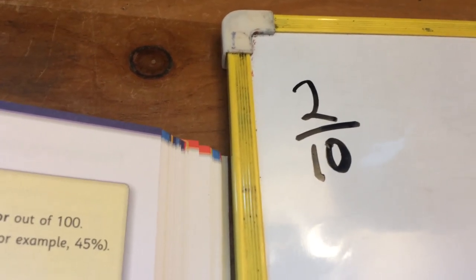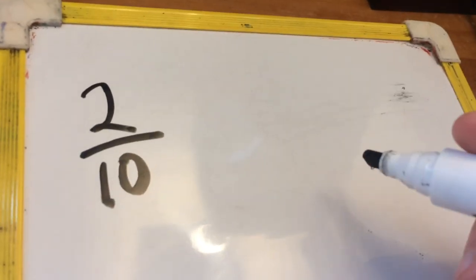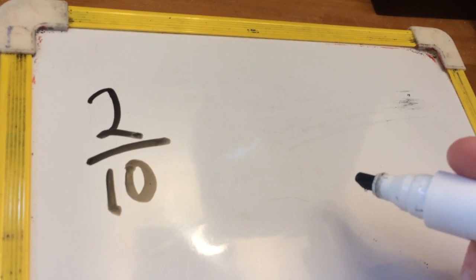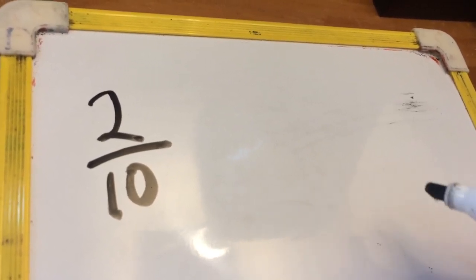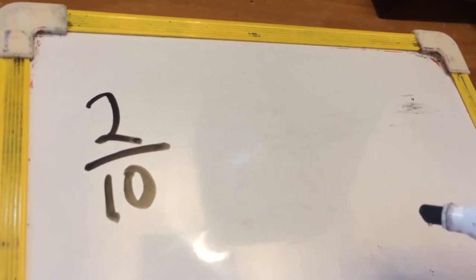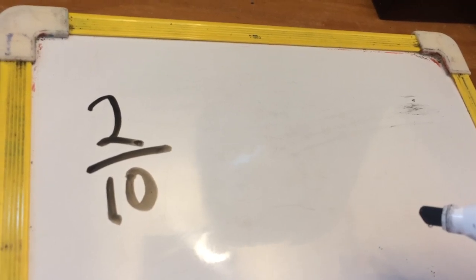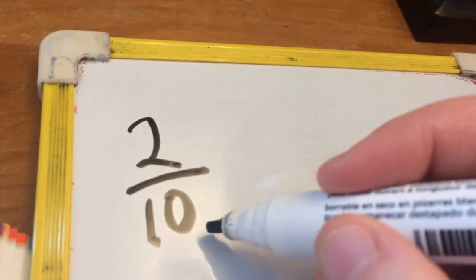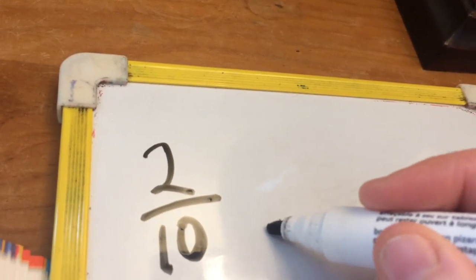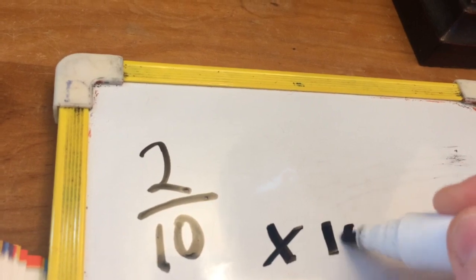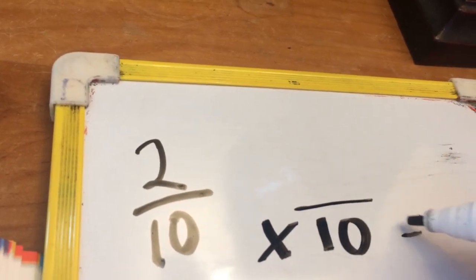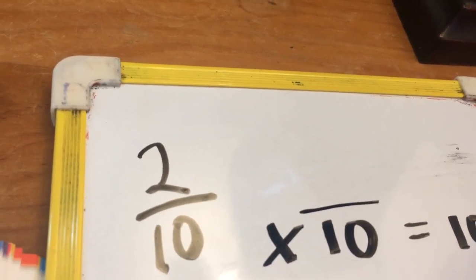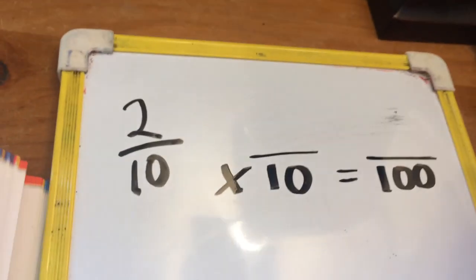Now we need to change that fraction into hundredths. So we're looking at the one for green. We have to change tenths into hundredths. We know from doing our fractions before that whatever we do to the bottom of the fraction, we must do to the top. So what would I multiply this number by to get from 10 to 100? Multiply by 10. 10 multiplied by 10 equals 100. So that's the first part done.